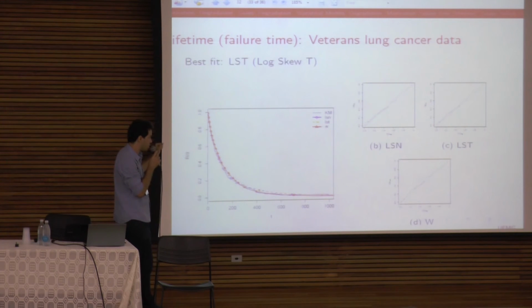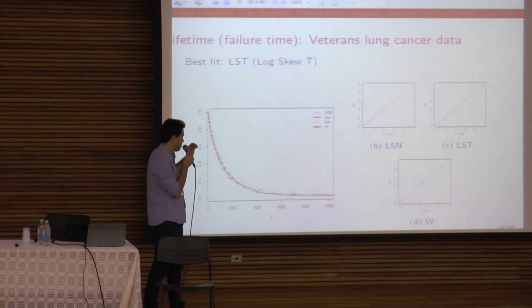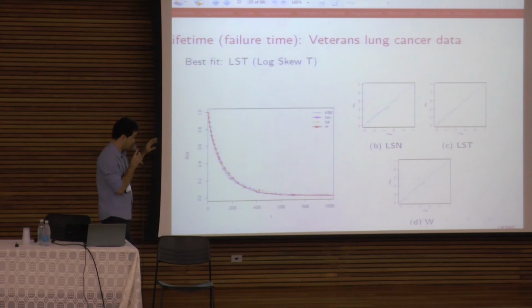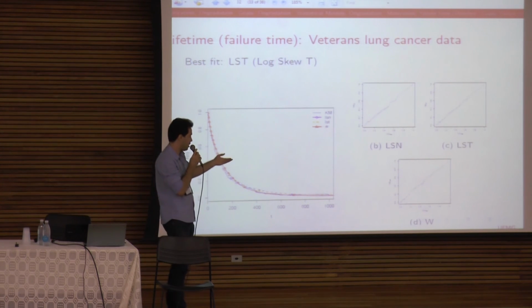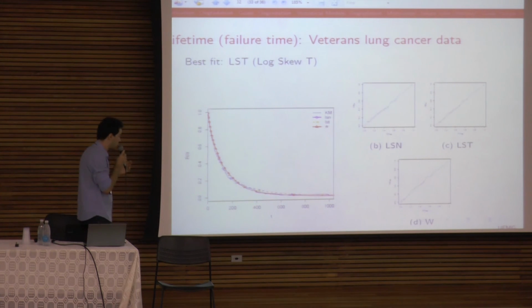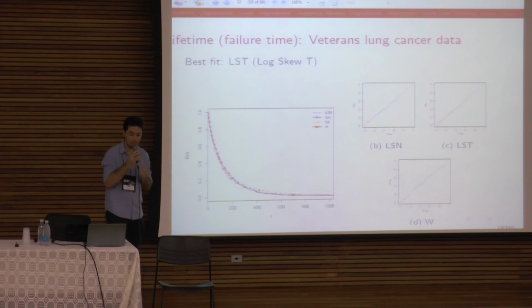The best ones were log skew normal, log skew T, and Weibull, but Weibull and log skew normal have some little bellies when we compare the Kaplan-Meier with the survival function. So we've chosen to consider the log skew T model as the one that best fits the data.